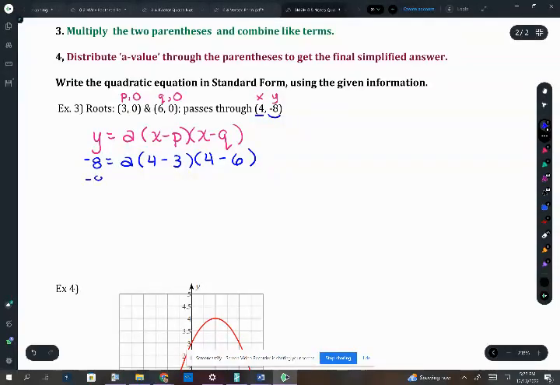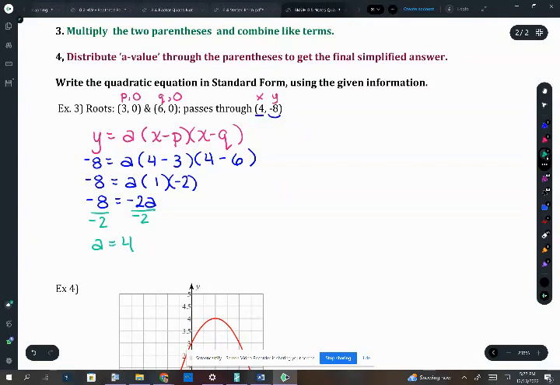So we have -8 is equal to a. 4 minus 3 is 1. 4 minus 6 is -2. And so as we simplify the right-hand side, we get -2a. And now we're going to solve that. And so we'll divide both sides by -2, and we'll get a is equal to 4.